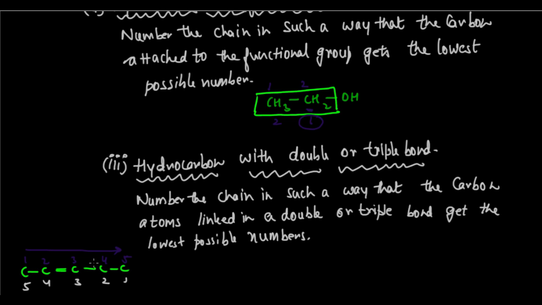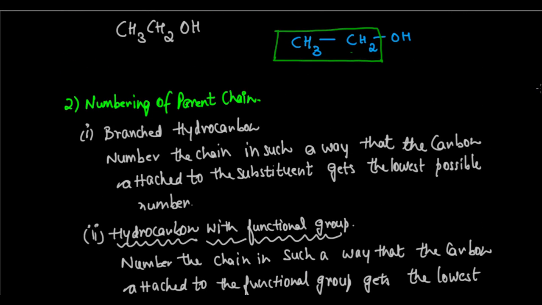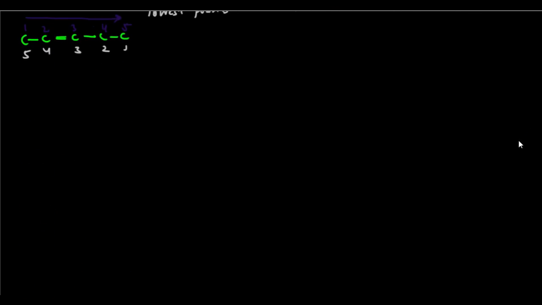Double or triple bonds are also clear. So that's how we number the parent chain of a hydrocarbon after its identification. Okay, so once that's done, I think we're pretty much done with the nomenclature.